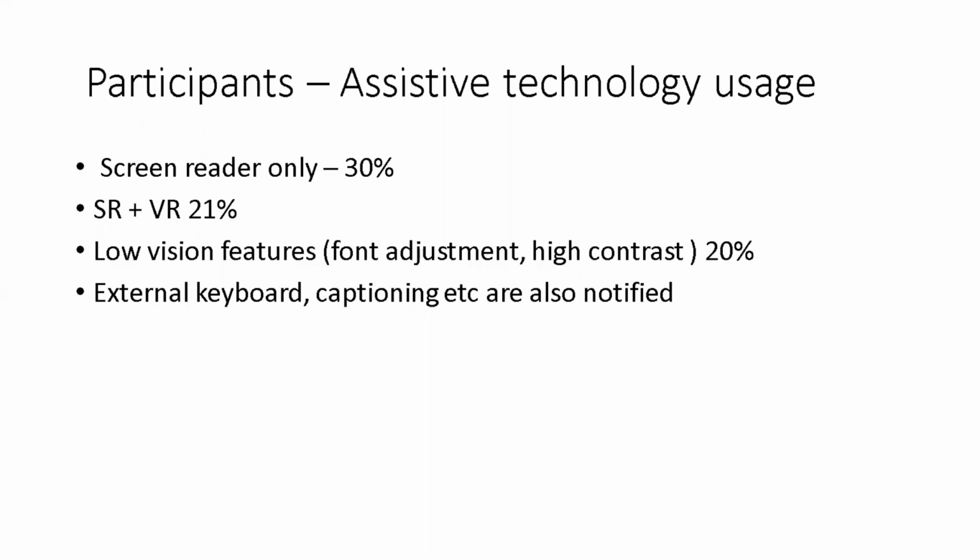And of course captions, as some of the people who have hearing challenges specifically mentioned captioning. So these are broadly the assistive features that were notified by the end users.